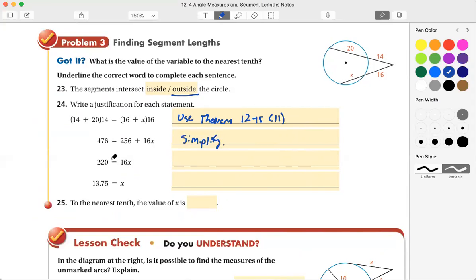We're going to subtract 256 from both sides, and then we're going to divide by 16. So the value of x to the nearest tenth is 13.8.